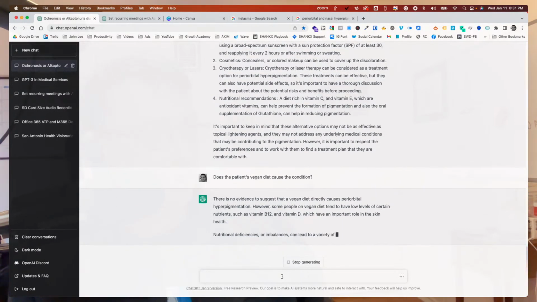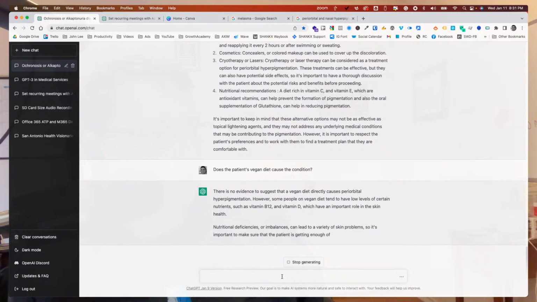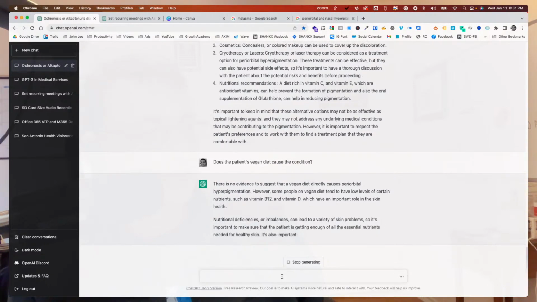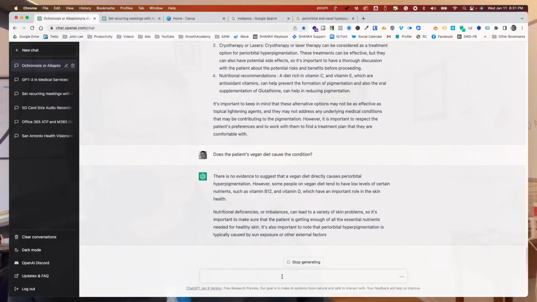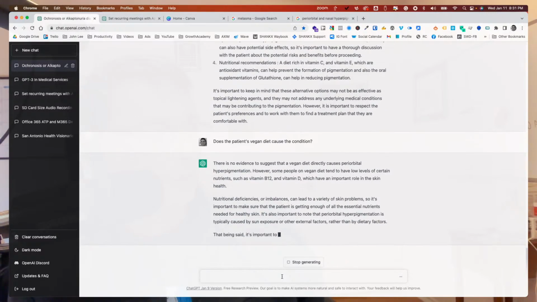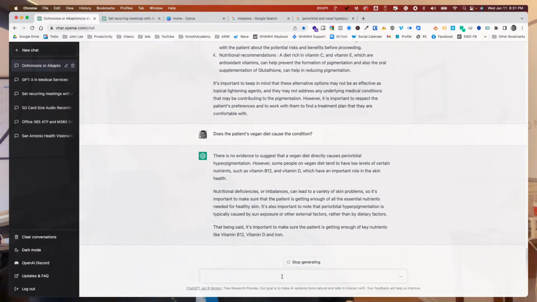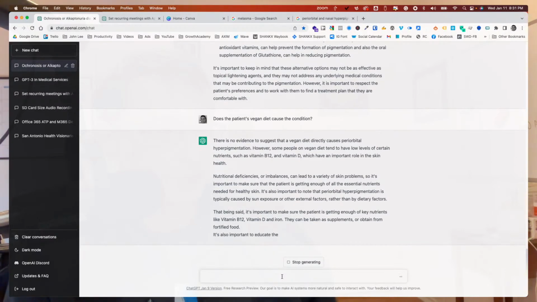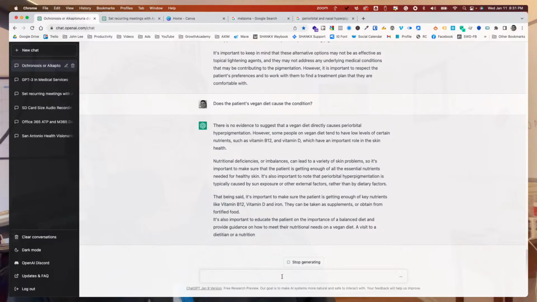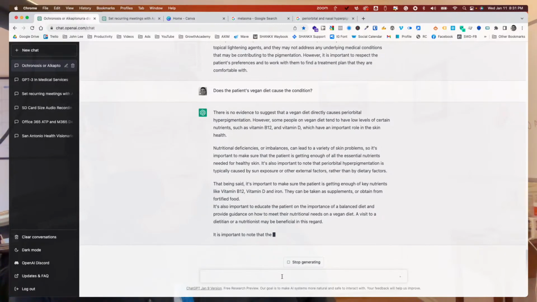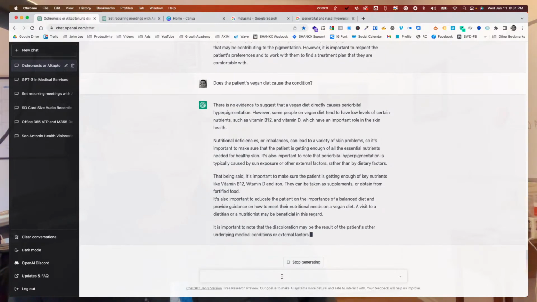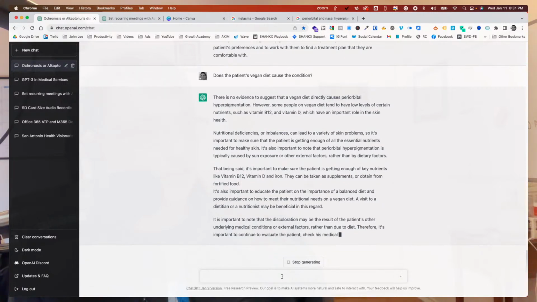However, some people on a vegan diet tend to have low levels of certain nutrients, such as vitamin B12 and vitamin D, which have an important role in skin health. So what that means for me is, take my vitamin B12 supplements. That seems to be very important. And also the D, of course.